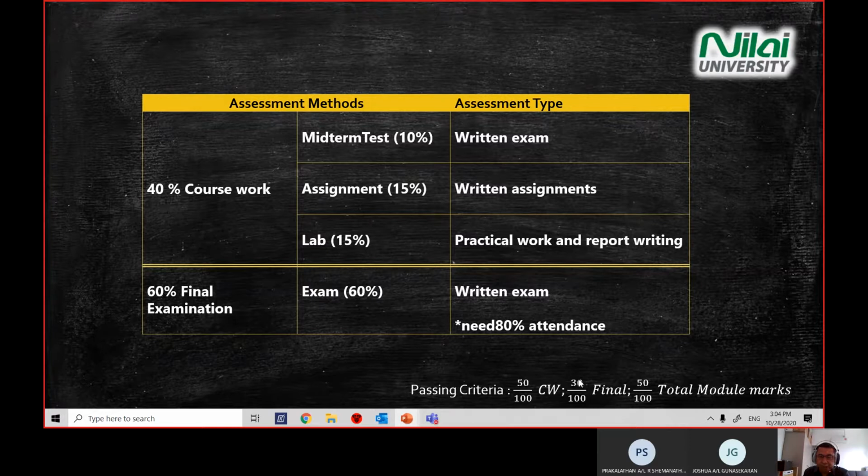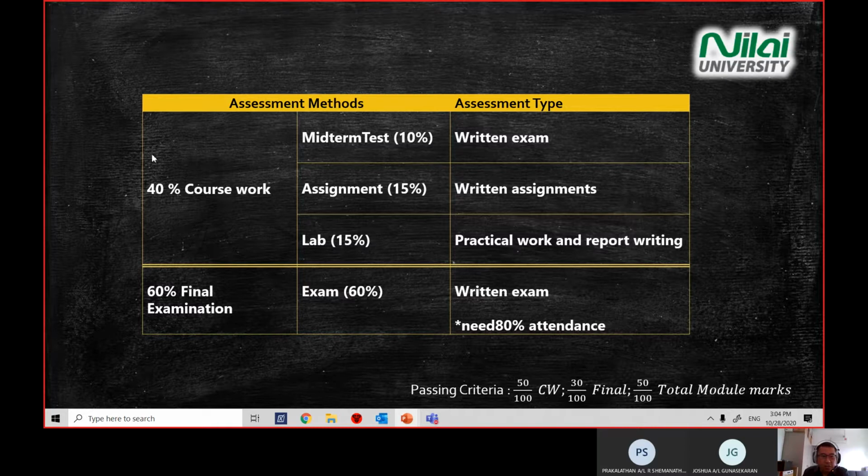And then for the final, the passing mark is 30 over 100. The exam paper is marked out of 100 marks, and then we see how you perform. If you score less than 30 marks, then you fail the final.